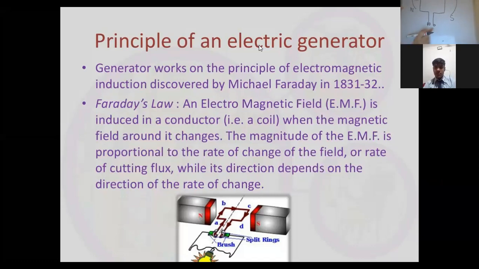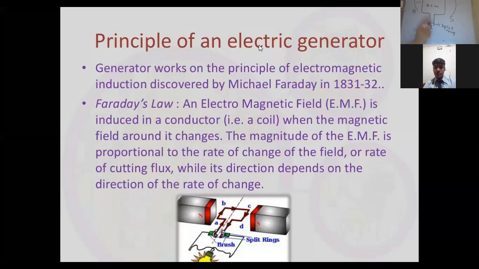If the rings are complete, that is, if it is a complete circle, then we call it a slip ring, and this generator will be an AC generator. But instead, if the rings are split, half rings, which are not complete rings, they are split rings.